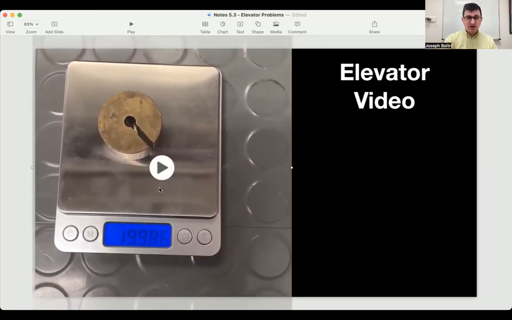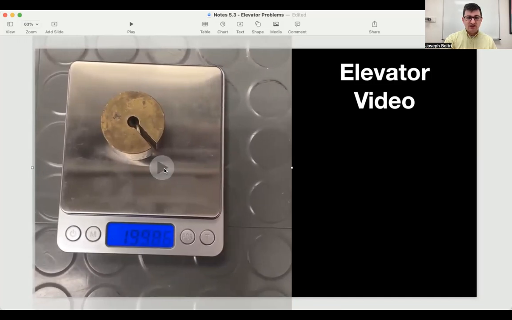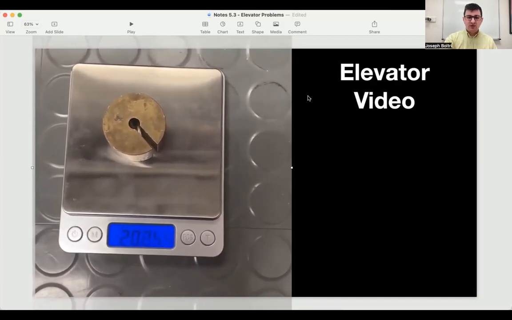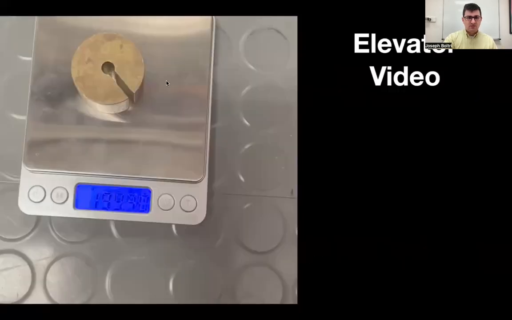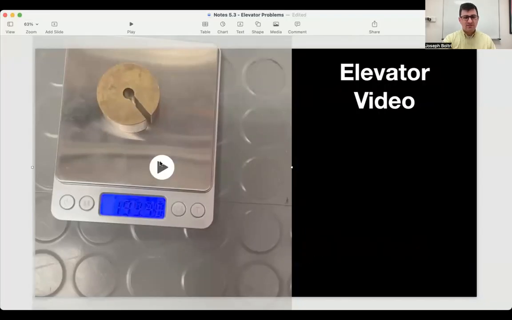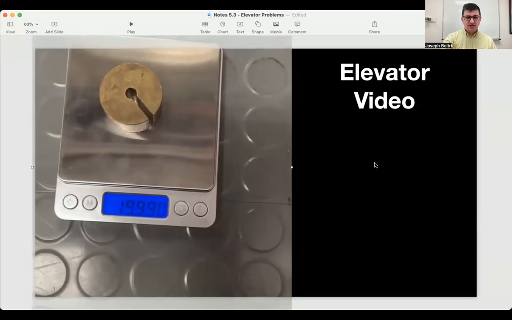So just one more time, maybe with a little bit less of me talking. I will go back and then forward again, to show you this one more time. Remember, we started on the second floor, go up to the third floor, and then come back down. So this is the second floor.